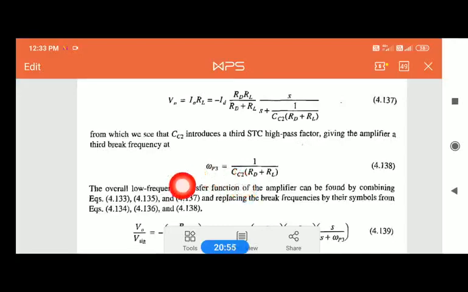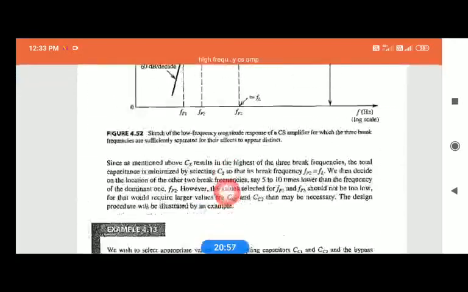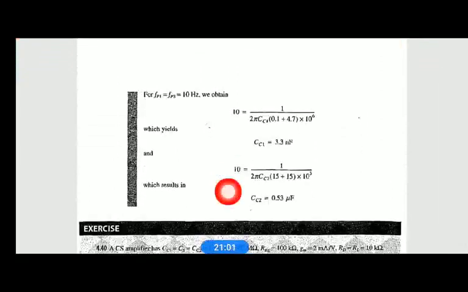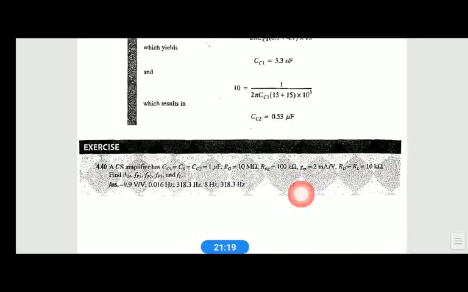Take CC2 to this side and FP3 to the other side and equate the values for Rg plus R signal. Then you calculate this, and you will get CC2 equal to 0.53 microfarad. This is one example on the low frequency.